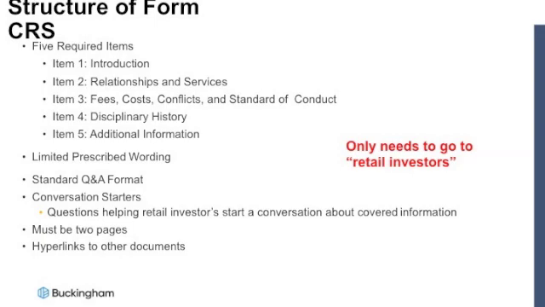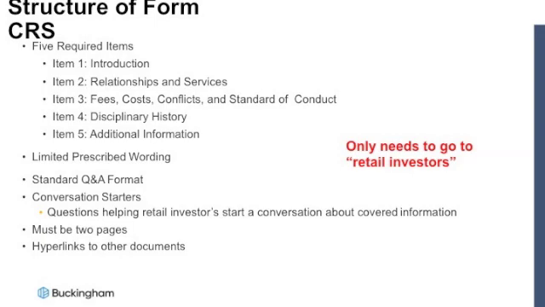I do also want to mention that the Form CRS document only needs to be delivered to what the SEC has coined as a retail investor. When thinking about our business model, that is any household, any family. They've sort of broken it down in rule interpretation and FAQs from the industry to say any human investor you have needs to receive this form.